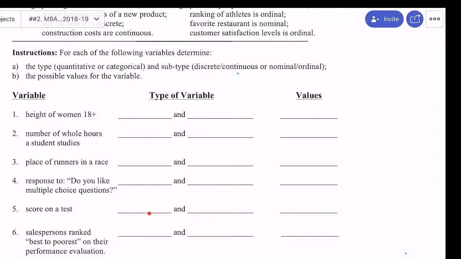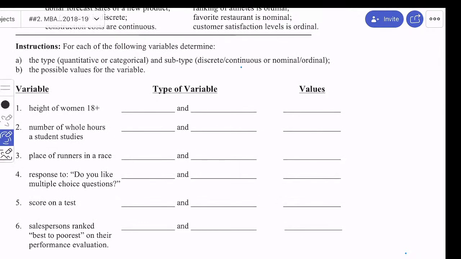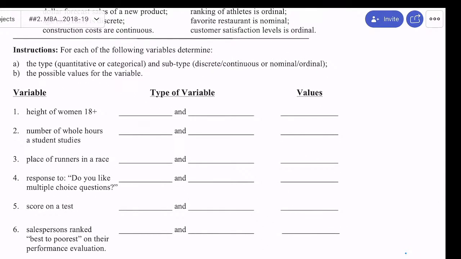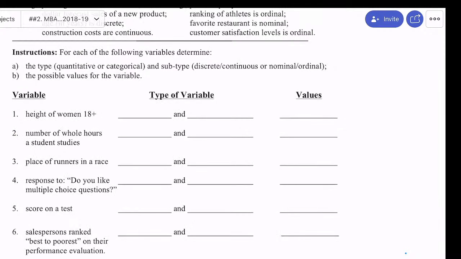And if there's any confusion, you can enter here on the side the values to clarify what it is you think of when you think of that variable, because there might be a little bit of ambiguity about what I mean. Okay, so let me give you 5 minutes to attribute the type of variable and the subtype.